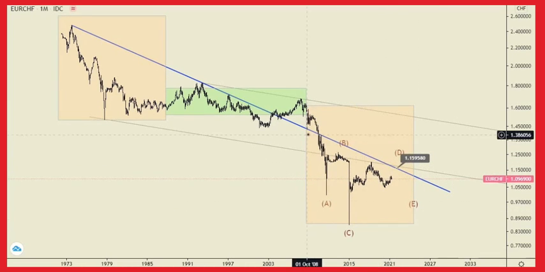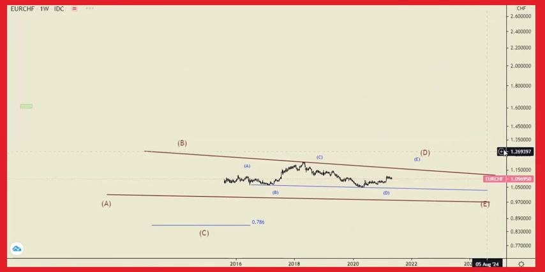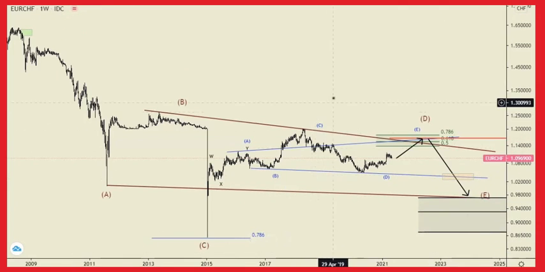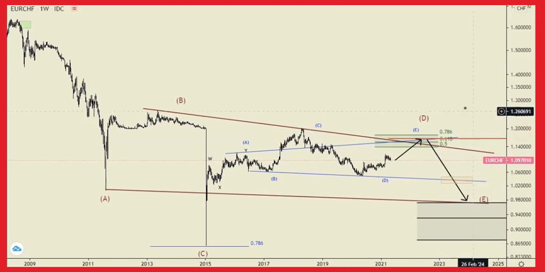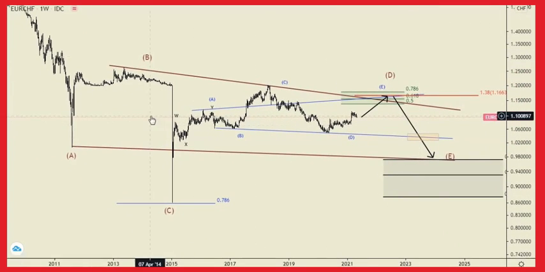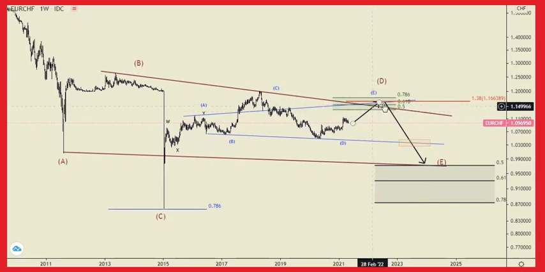To count and be more precise, we go to the weekly time frame. In the weekly time frame, we can clearly see this triangle pattern, and we are currently in wave D, which can rise to the specified resistance limits.